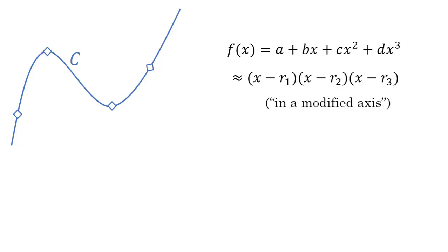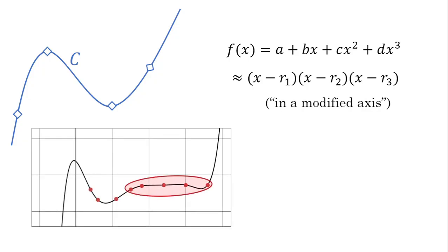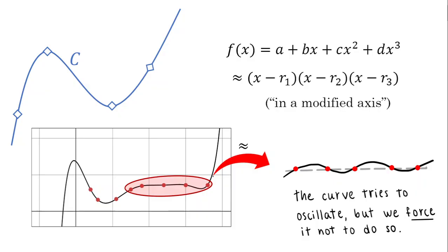The curve tries to oscillate, but we force it not to do so. And that is exactly what happened in our Nike example. The curve wanted to oscillate, and we couldn't control it. And there you have it. Now you know for which kinds of curves our polynomials are very suitable, and for which they are not.